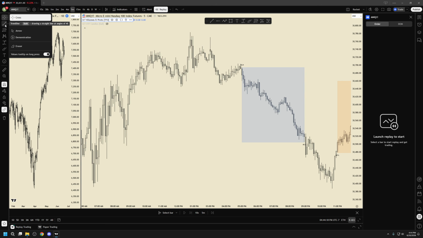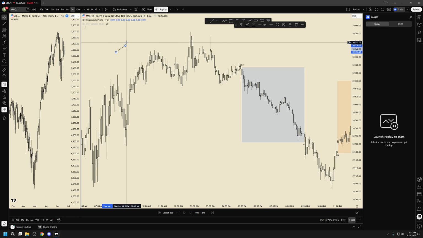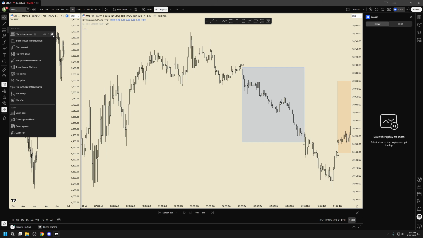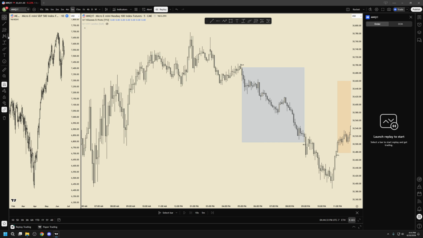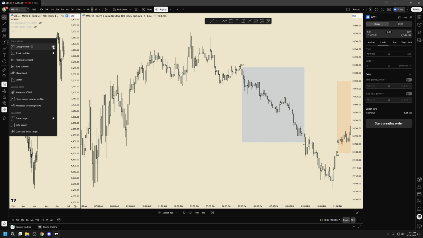The first one I have is the trendline, and I have trendline starred, and I have horizontal ray starred. Then I have fib retracement. You don't need that, not important yet. Forecasting, I have long position and short position, right? It's good when you're bracketing your orders in.